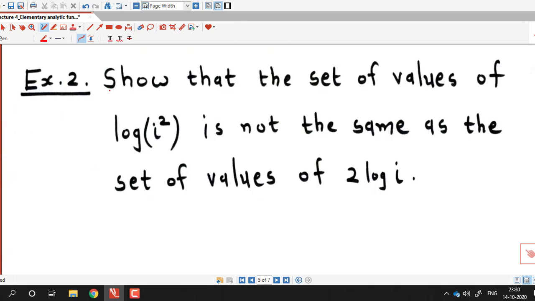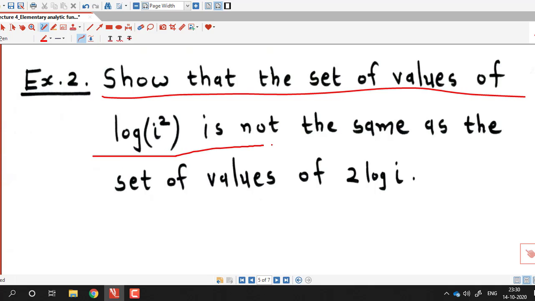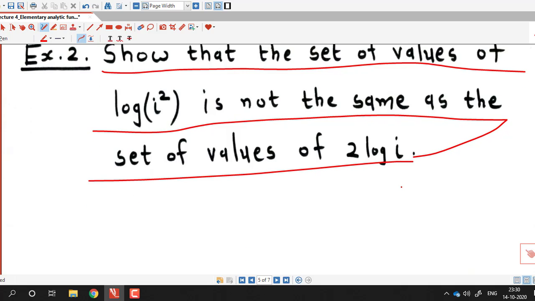So here we are asked to prove that the set of values of log of I square is not the same as the set of values of 2 log I. As we know, the logarithm of a complex number always has an infinite number of values.